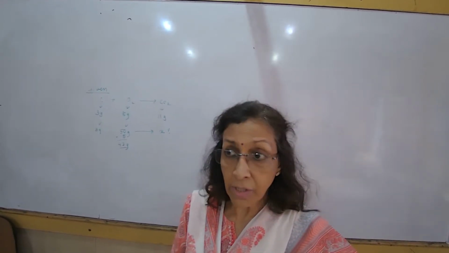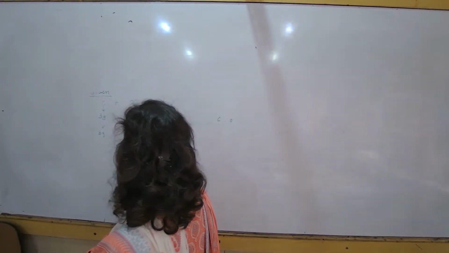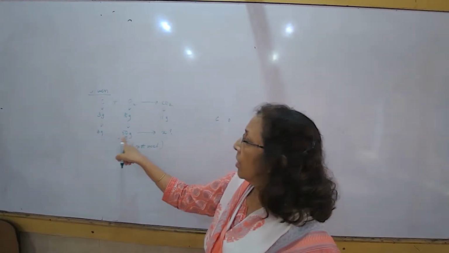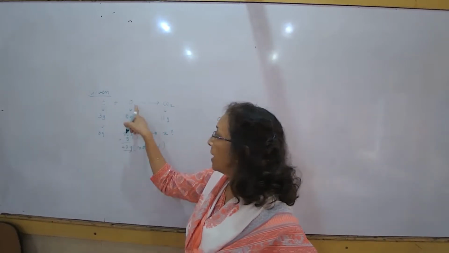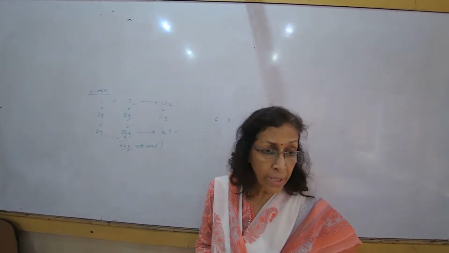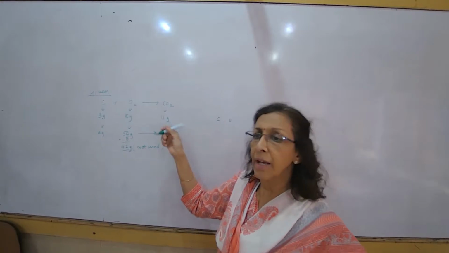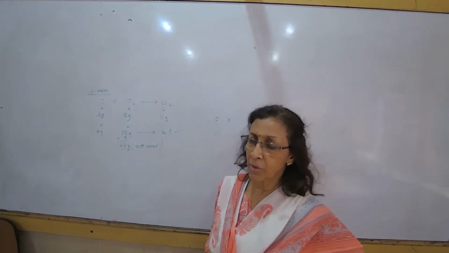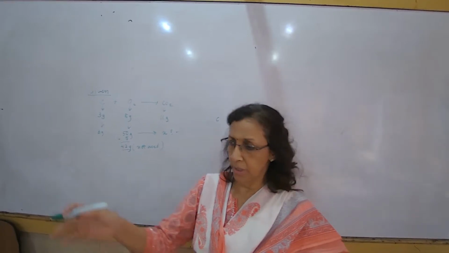So 3 grams of carbon will react only with 8 grams of oxygen to give you carbon dioxide. How much carbon dioxide? Only 11 grams. So which law does it tell us? Law of constant proportion.